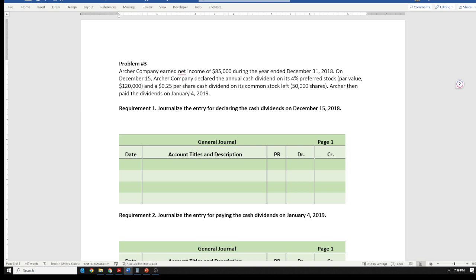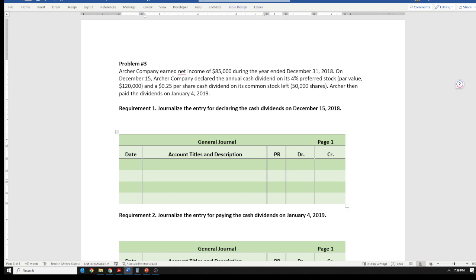So we have two journal entries that we need to record. The first is the entry for declaring the cash dividend on December 15th. That's when they created the liabilities. They said, we're going to issue these dividends, so now we have a liability to create. In this one we have two types of stock, preferred and common stock, so we'll have two different types of liabilities.